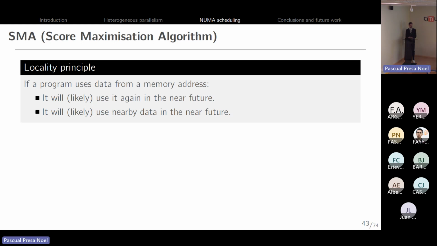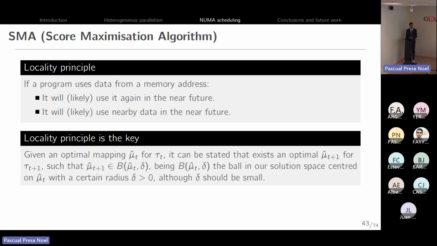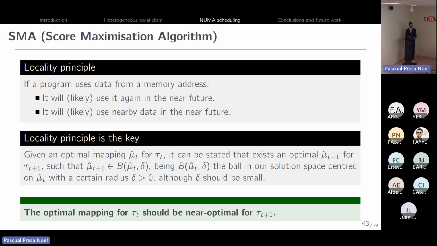With that principle in mind, we can state that if we have an optimal mapping for a time tau t, there exists an optimal mapping for time tau t plus 1 that is in the neighborhood of the previous mapping. What we mean with all of this is that a mapping which was optimal in the recent past should be near optimal in the near future.